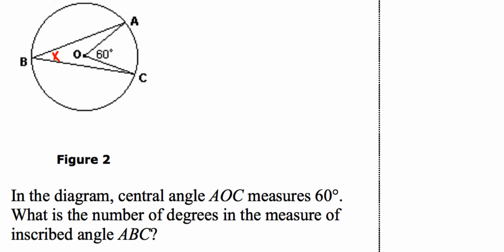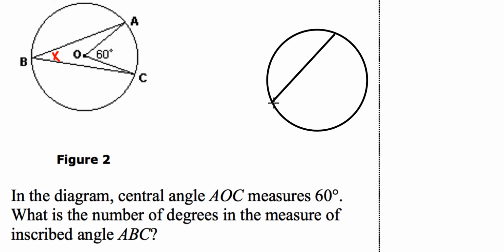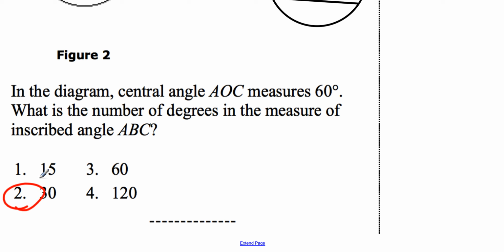So from your memory, we know that if we have an inscribed angle, and if this is a and this is x, we know that x equals a over 2. And using that idea, since this central angle is 60, the measure of the intercepted arc is also 60 degrees because they are equal to each other. But the inscribed angle is half of that, so we end up getting 30 becomes the answer, choice 2.